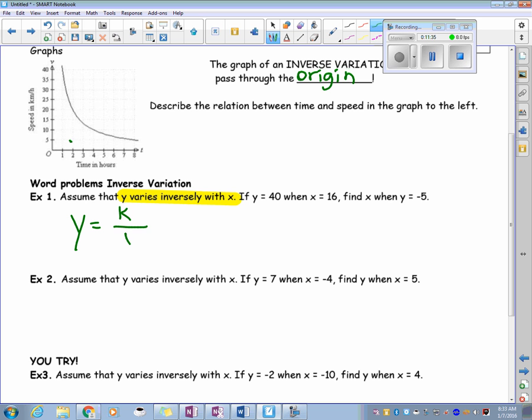So if you write that on your paper and then you fill it in, you're never going to miss this kind of question. Okay? So if when y is equal to 40, and x is negative 16, so y equals k over x.